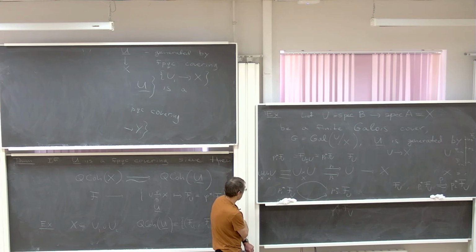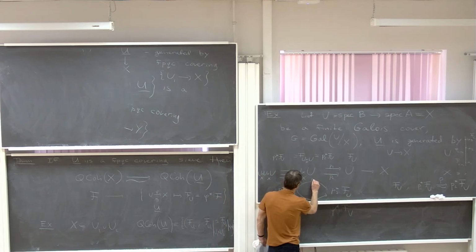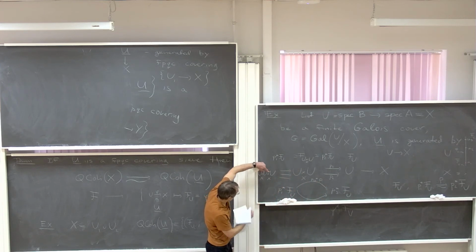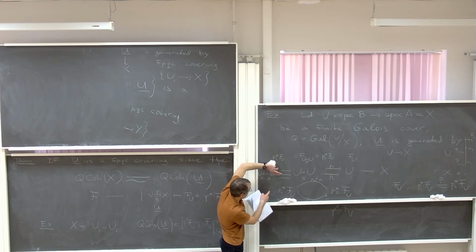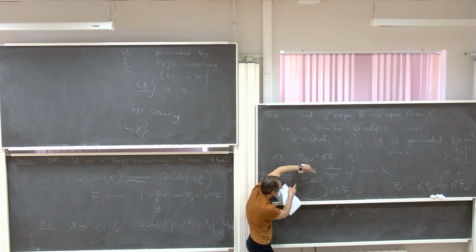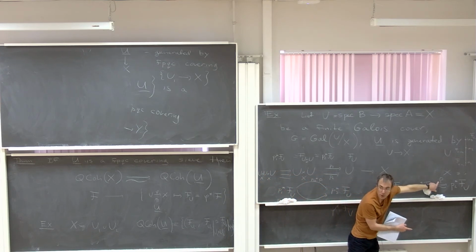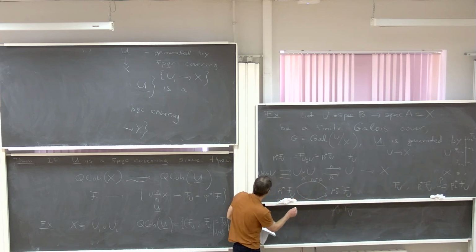So how are they isomorphic? I can take P_{13} upper star of rho. So I first project, forgetting the second coordinate, and then take the pullback of this rho. Or I can take the composition.